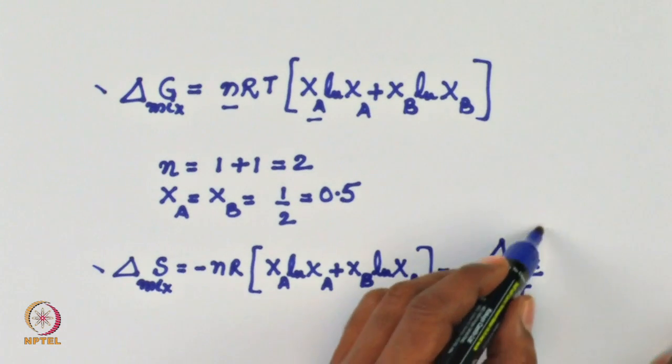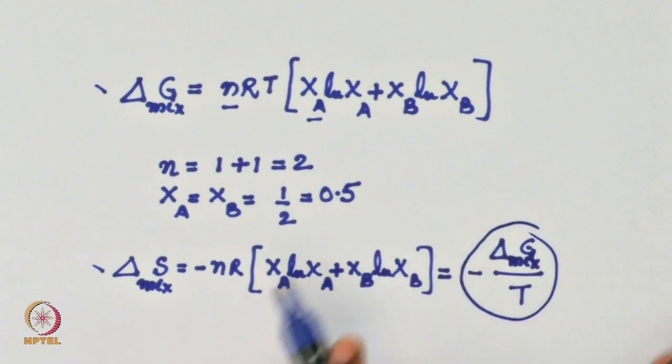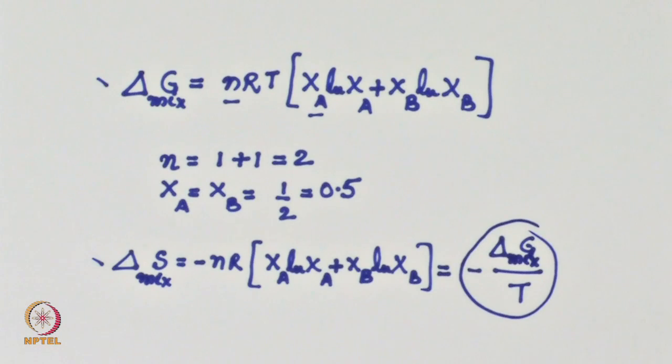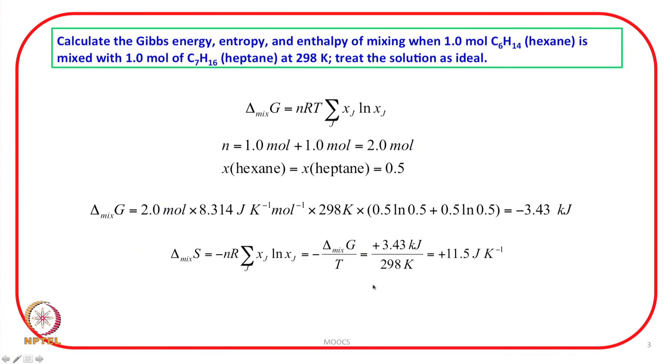Since we have already calculated delta G mixing and we know T, we can easily calculate delta S mixing. As you can see in the slide, delta S mixing is minus delta G mixing by T, and this value is 3.43 divided by T, which is equal to 11.5 joules per Kelvin.